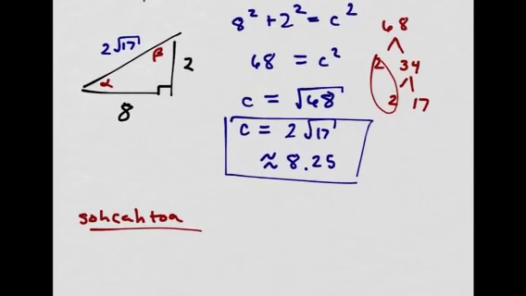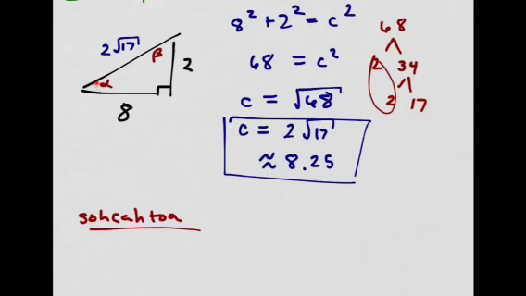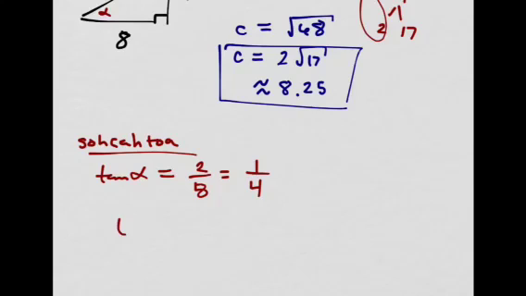So I'm going to try to find alpha by using tangent. So tangent of alpha would be 2 over 8, right? Opposite over adjacent, which is 1/4. So tangent of alpha equals 1/4.